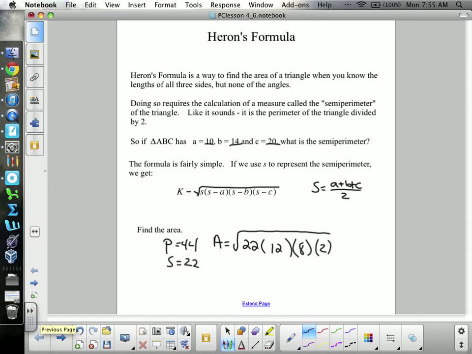I shouldn't use A, I should use K because we're using K for area. And all I have to do is multiply that out. The square root of 22 times 12 times 8 times 2. 8 times 2 is 16, so 4,224. The square root of that is 64.99, or almost exactly 65 units squared.